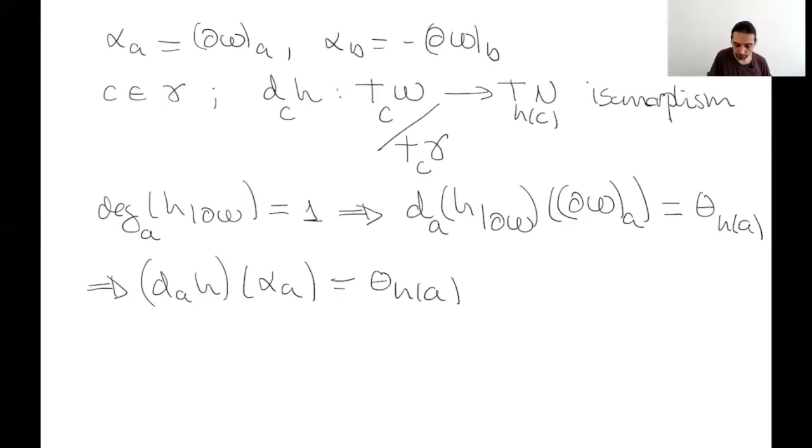Now, since these are isomorphisms, if this equation holds for A, it holds for every point in gamma, and in particular, it holds for B.